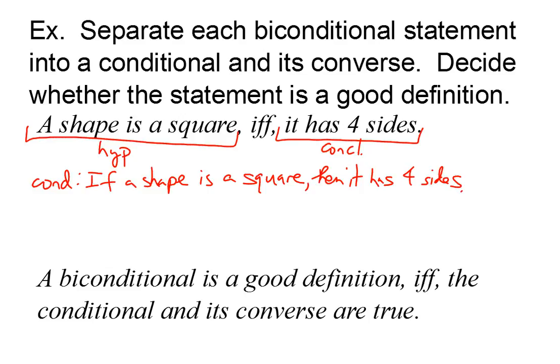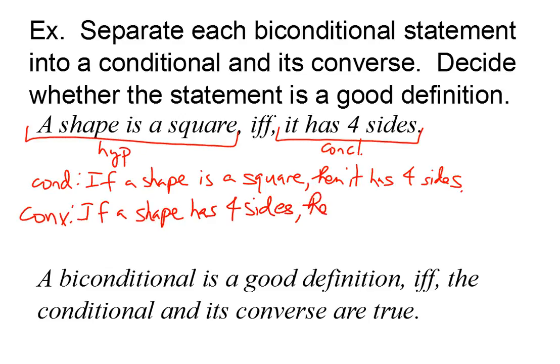Okay? The converse of that sentence would be if a shape has four sides, then it is a square. So I've separated the biconditional into the two separate conditionals.